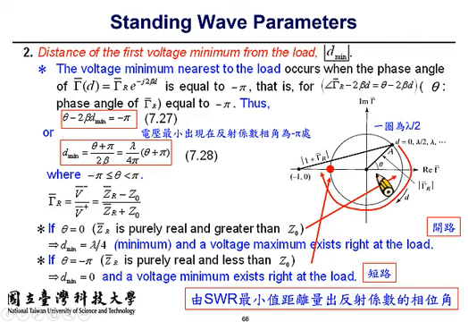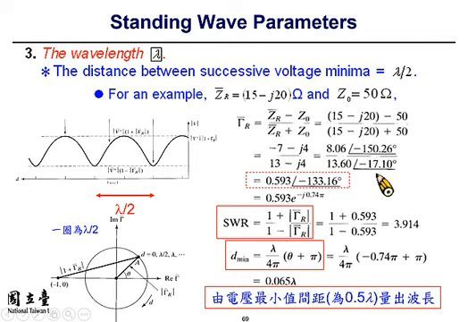Alright, so according to the standing wave pattern, we can find out the angle, the phase of the reflection coefficient based on the knowledge about the distance of the first voltage minimum. Okay. And the third parameter, as we have already mentioned, is the distance between successive voltage minima, which equals half of a wavelength, 0.5 lambda.